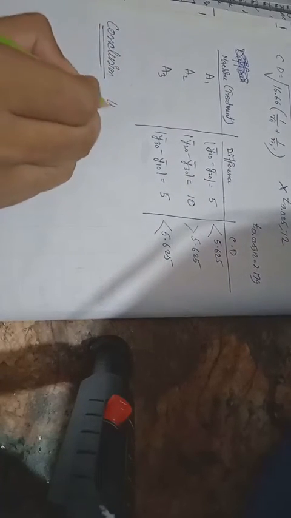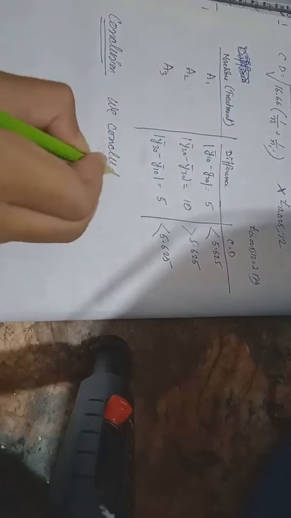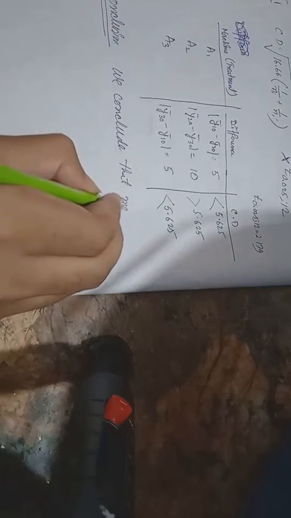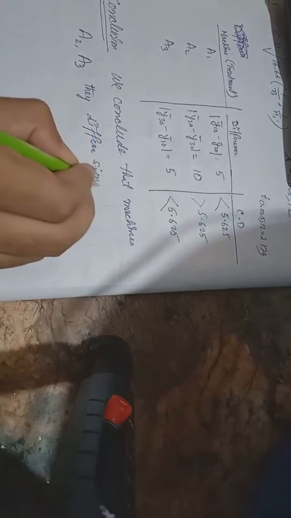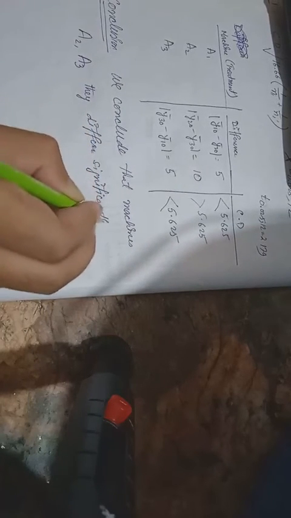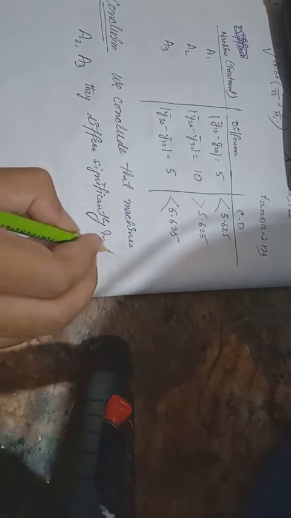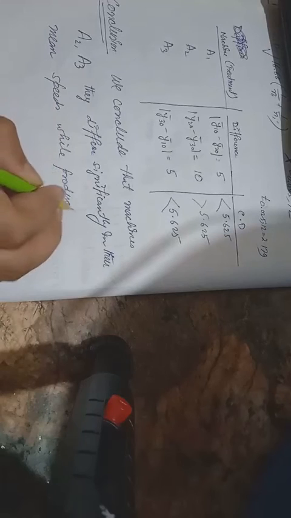We conclude that machines A2, A3, they differ significantly in their mean speeds while producing the output.